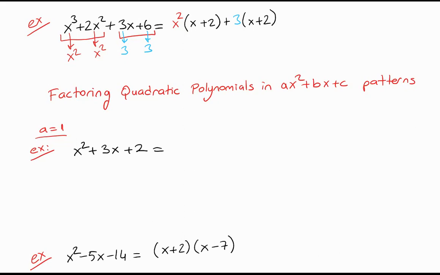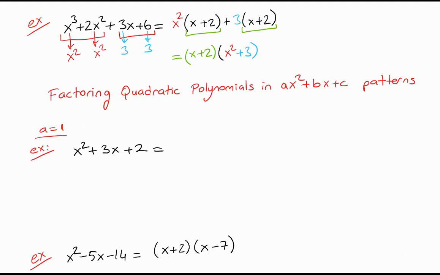Okay, so something the same, x plus 2, is the greatest common factor here. So I'm writing x plus 2 outside of the parentheses, and again this x squared plus 3. Okay, so if I have more than 3 terms, I can make groups and then factor by groups.